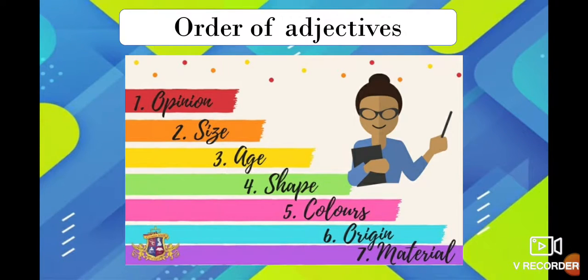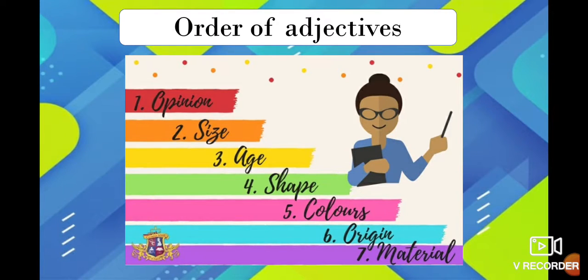But we need to follow a specific order when we describe different things. For example, we have the opinion adjectives. When you say beautiful, clear, understandable, all of these are adjectives of opinion. That means you give an opinion of the person or the thing that you have in front.